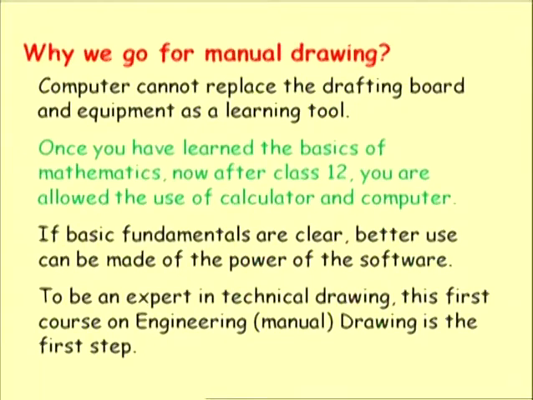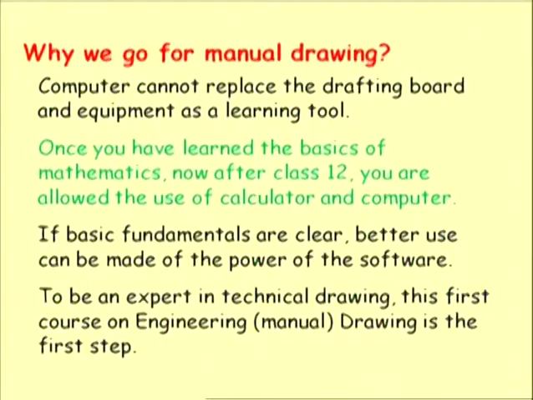So we should know the basic principles or basic fundamentals. Then using the software will be more beneficial. If fundamentals are not clear and we directly use the softwares, then how the softwares are working will be a mystery for every engineer. To be an expert in technical drawing, this drawing is the first step.